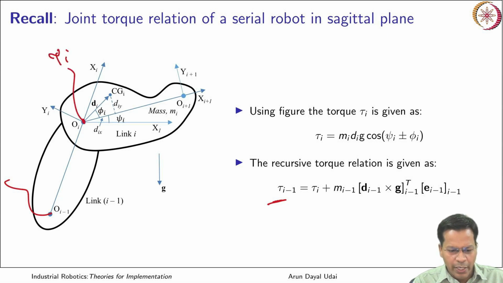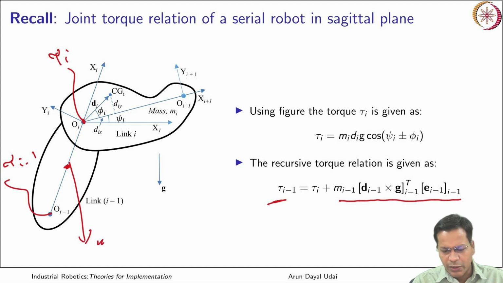So this is your tau I, this is your tau I minus 1, the sum of whatever torque is going to come because of the center of gravity, the torque which is created due to the center of gravity of this. Okay, so that is the additional torque.